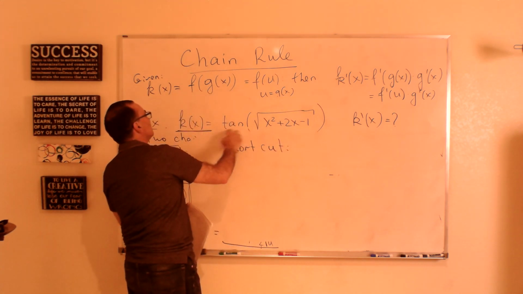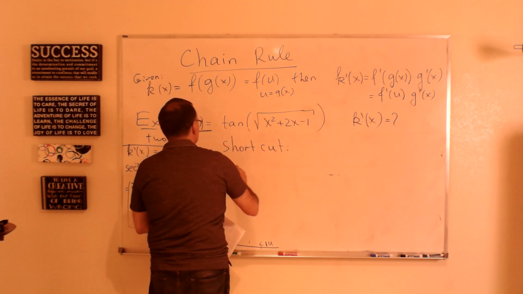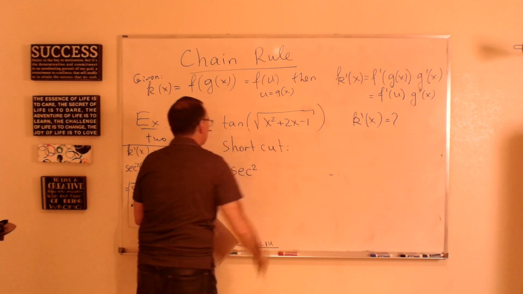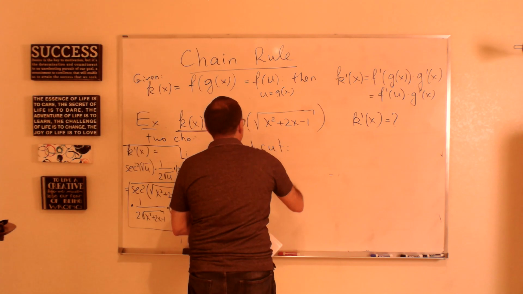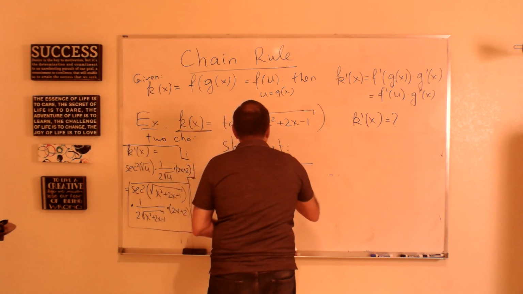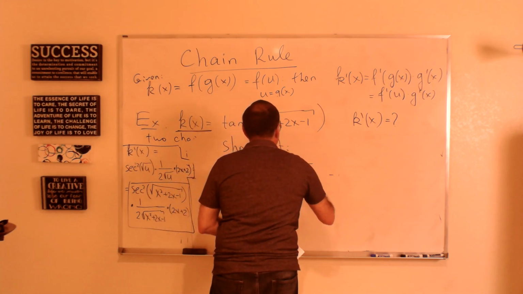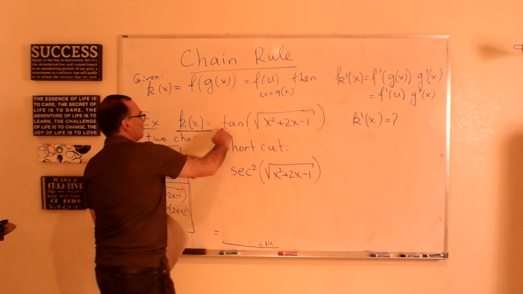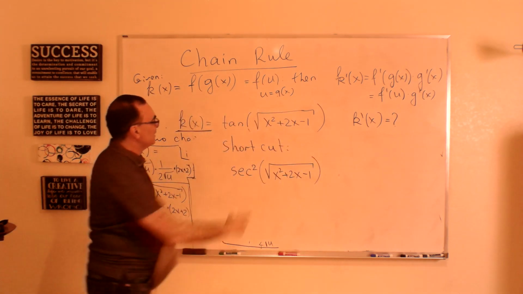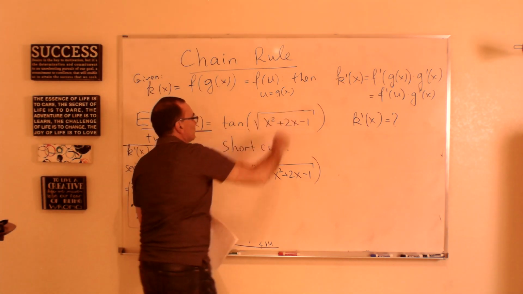You do the derivative of the very exterior function tangent, and that derivative is secant squared. And we apply this derivative to the whole thing inside, which is secant squared of square root x squared plus 2x minus 1. This is how we dealt with the very exterior function. Now we need to deal with the interior function, which is just square root.